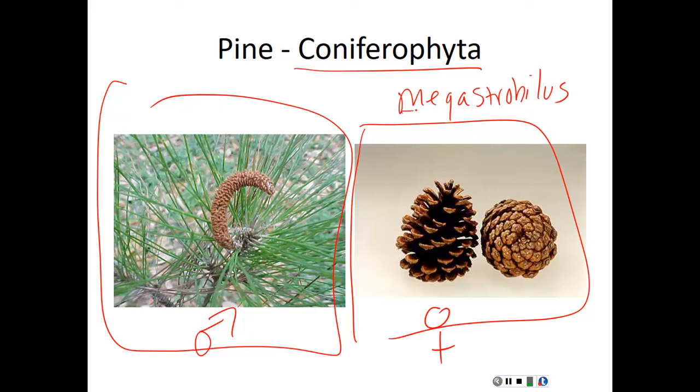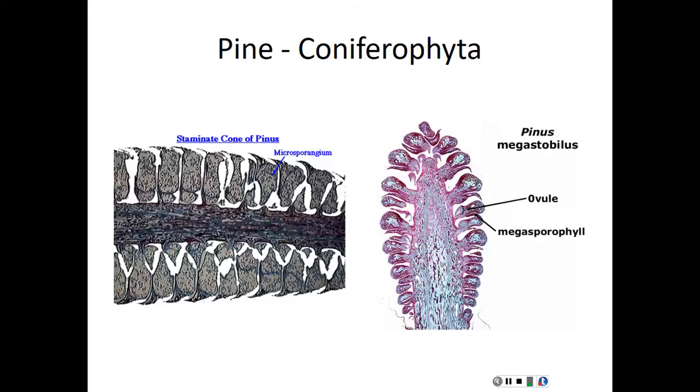In this case, it's called a megastrobilus because we have separate megastrobili that will produce megaspores and microstrobili that will produce microspores. And the male is sometimes called a microstrobilus. Let's look at them in cross section or long section so we can actually see internally what is going on.